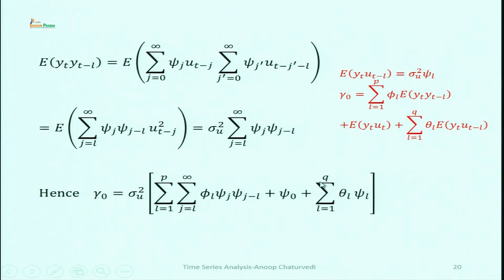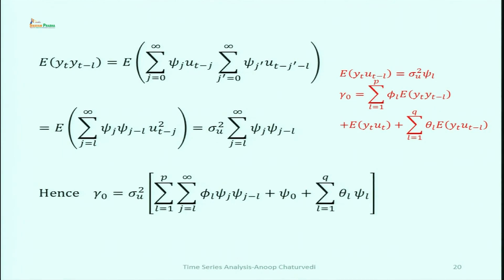Then expectation of y t y t minus L: again you write y t and y t minus L in this form as infinite lag polynomials, and then again you take the product of these two and you collect those values which are in square of u t minus j.